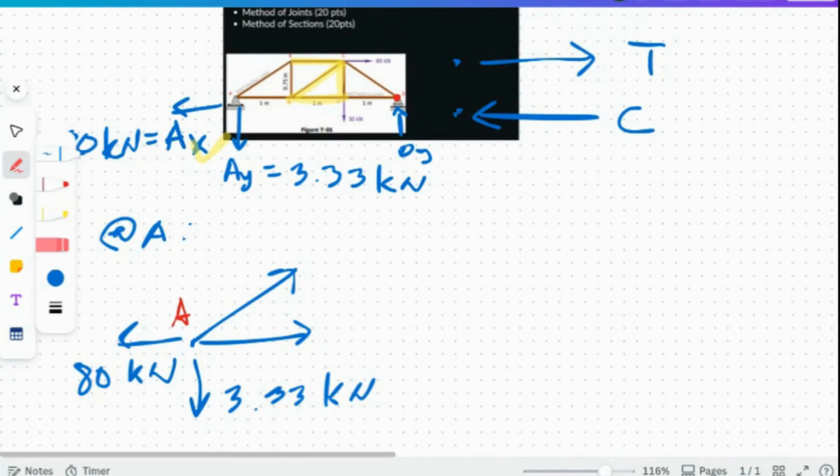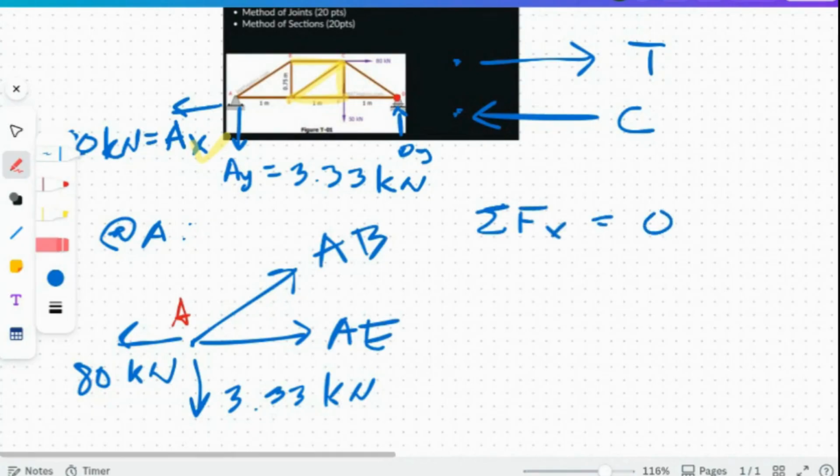Okay, so for node A or joint A, joint A has two members, AB and AE. So these two have forces. Now to solve for those forces, we just need to do summation of forces horizontal and summation of forces vertical.